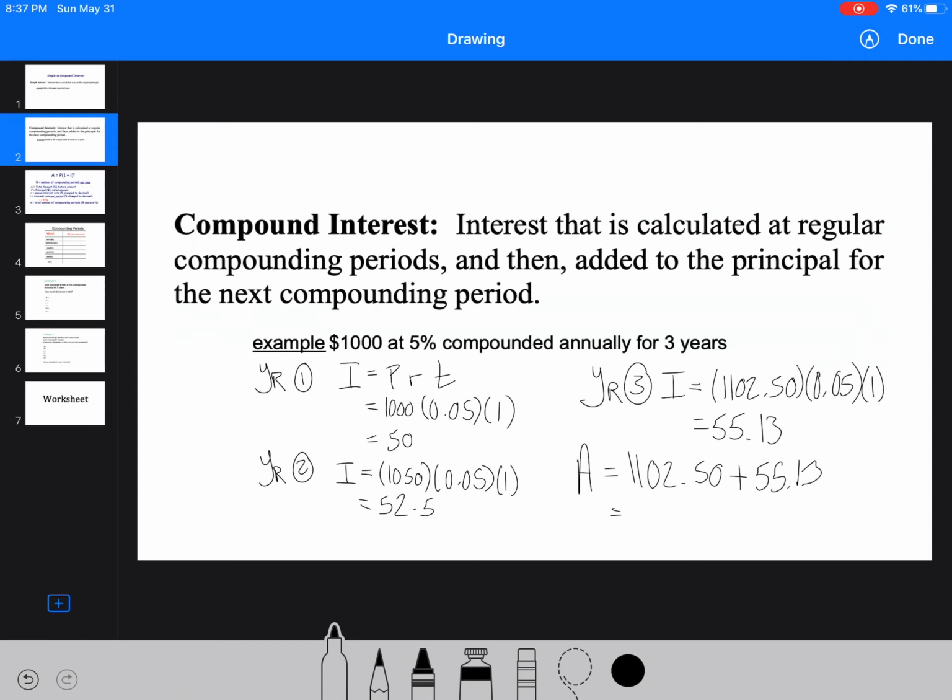It doesn't seem like much because it really isn't much in this case, but we've actually made $7.63 extra compared to the first case. So it does add up over time, and the interest rates change over time.